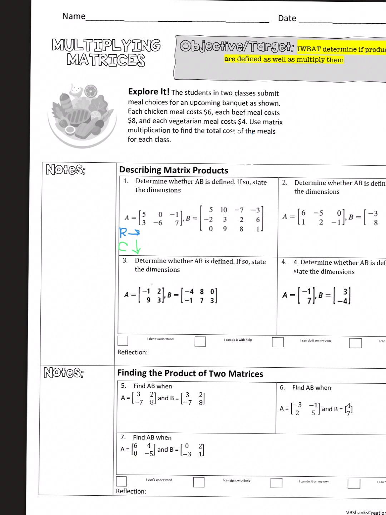So what I'm going to do is just write how many rows and how many columns each of these has. So matrix A has, let's see, 1, 2 rows. So we'll write that down. And it has 1, 2, 3 columns. So let's write that down.